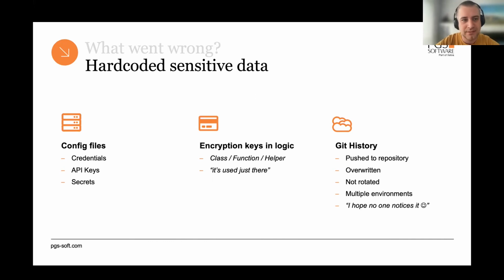And then when you push something to a repository and then you realize, oh, there's a password, there's a key, maybe I should override it. Yeah, that's a good idea. Override it, push a new version with a dummy value or no value at all, but then be sure to rotate the old value in the system.